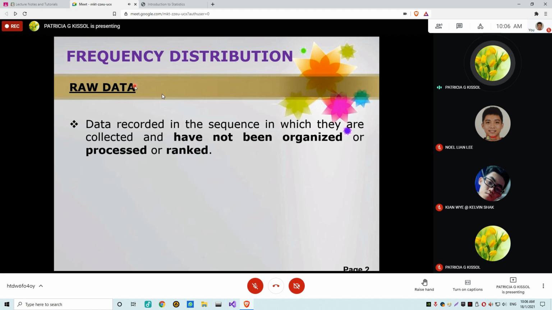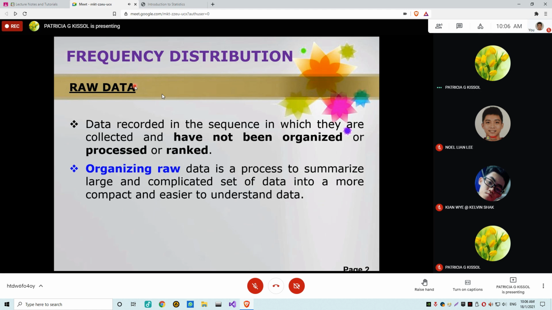We are not going to cover data that is qualitative. Only discrete or continuous data in reference to quantitative data. Okay, I hope that makes sense to you. I hope you understand. If not, please let me know so that I can clarify it.